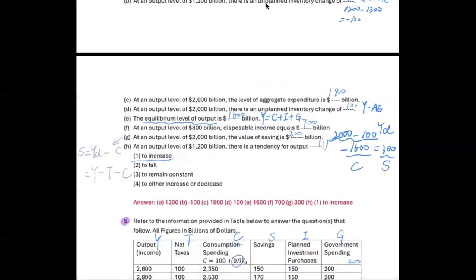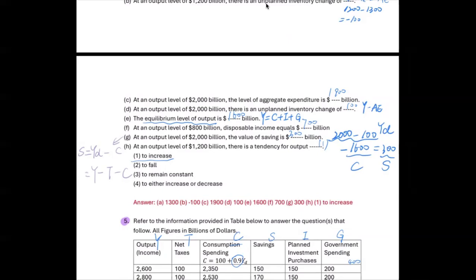And for the last question, the output level is 1,200 billion. There's a tendency for output to what? Actually, at this level, you need to calculate the unplanned inventory change. You will realize that the income is less than the aggregate expenditure.